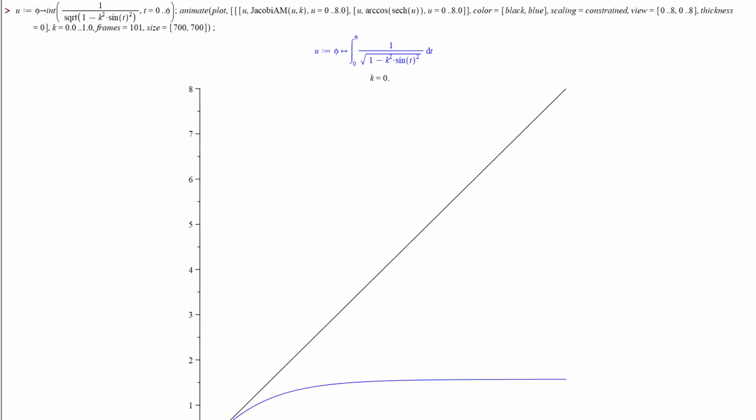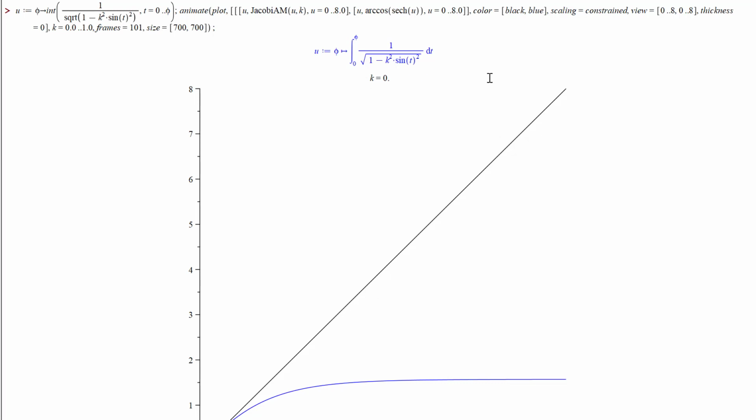Now just to look at what happens for different values of k. So the previous was all at k equals 0.8. If k equals 0, then the integrand is actually 1. And so then u equals phi. And that's what I see graphed right here, u equals phi.